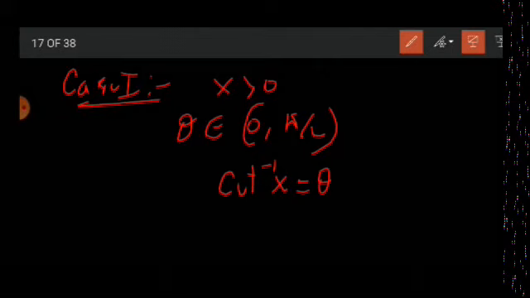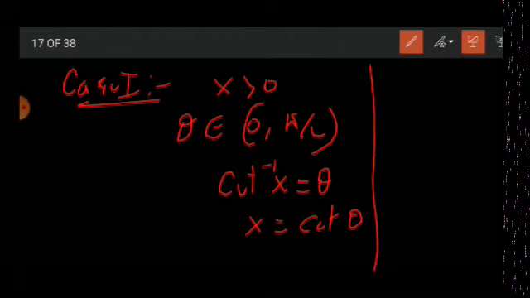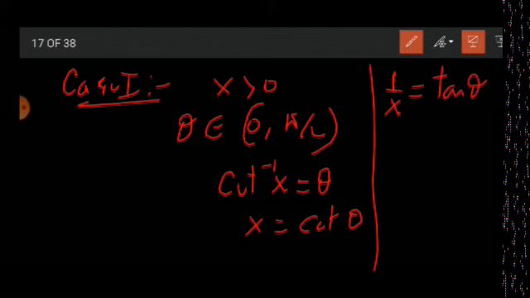If cot inverse x is theta, then we can write x equal to cot theta, and hence 1 by x will become tan theta. And if 1 by x becomes tan theta, then theta becomes tan inverse 1 by x.